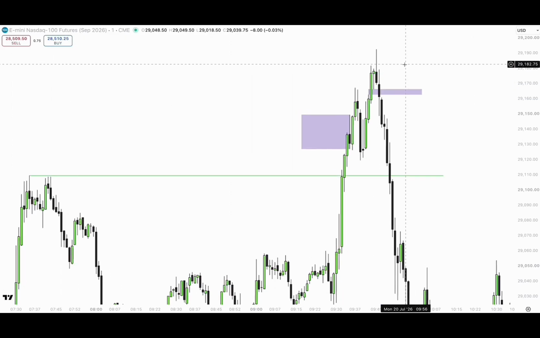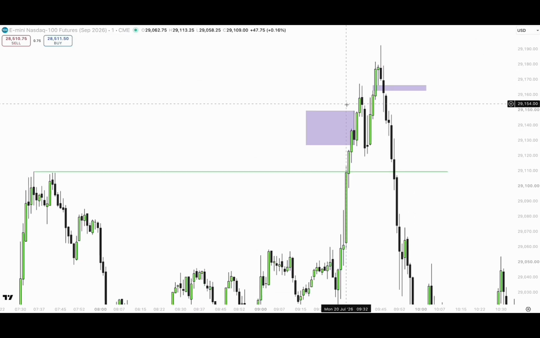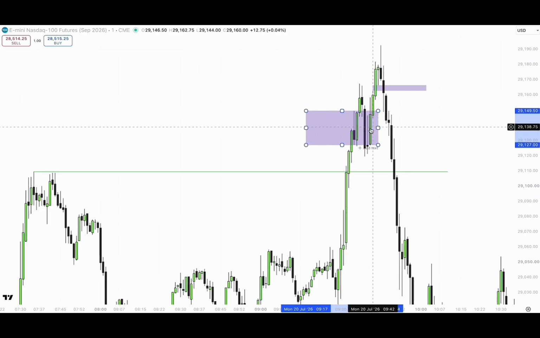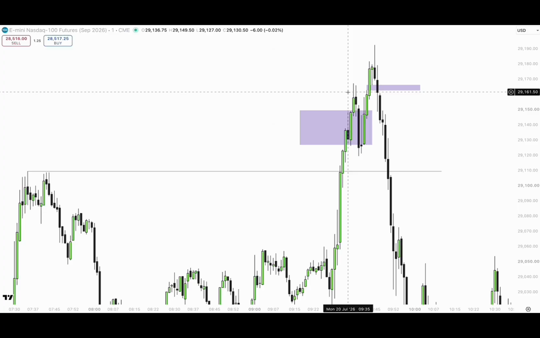What you want to look at is the perfect timing of that market structure shift to happen. It is always first time and then price. You want to look at the timing and then you want to look at the price. What you can see here is that we displaced this order block to the downside at 9:36.